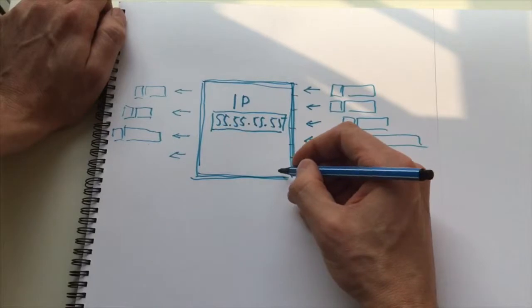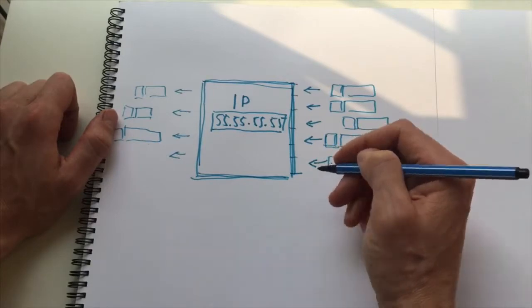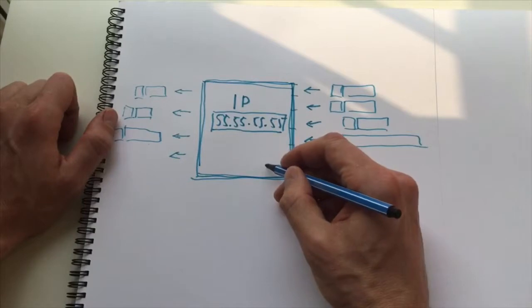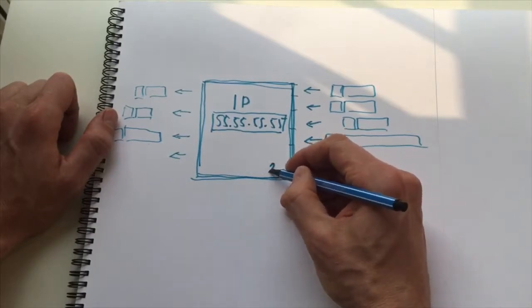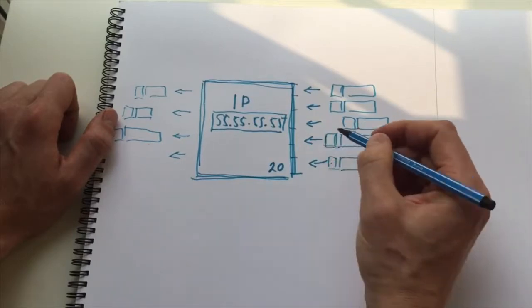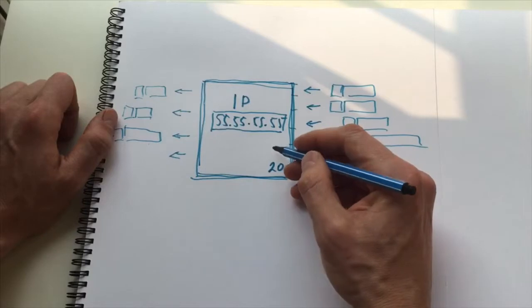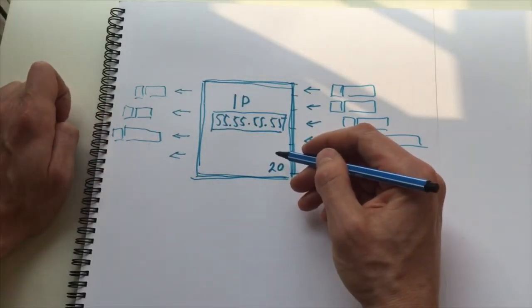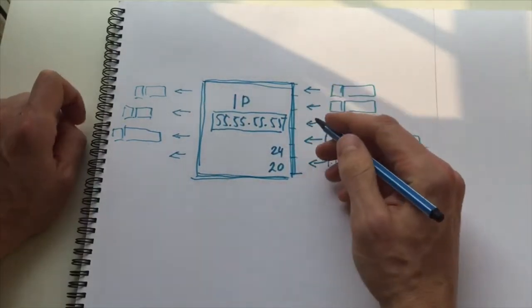So I'm going to tell you the most important ports you have to know. If you want to receive files, you receive them in port 20. If you would like to receive emails, you use port 24. Correct me if I'm wrong.